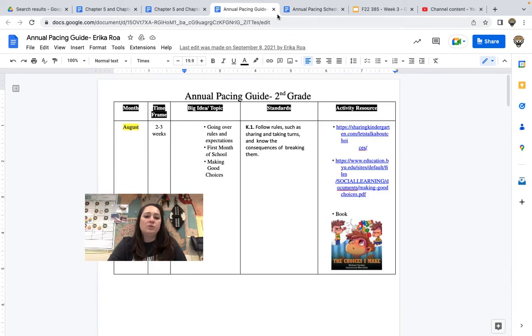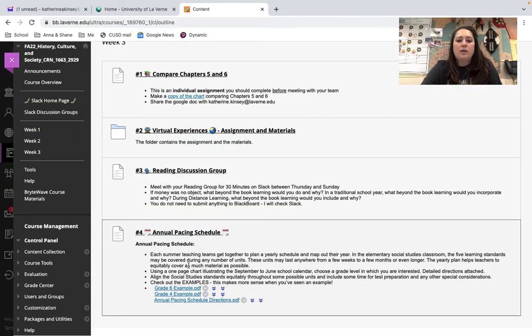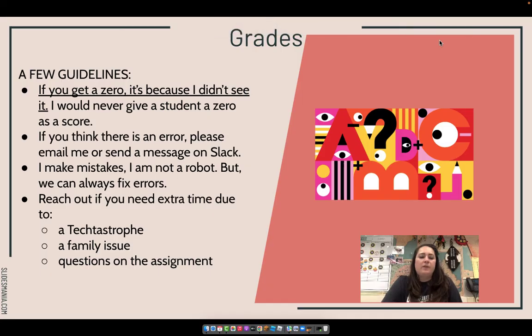You can do it in a Google Doc. I've also had some really great examples in a Google Slides deck where each slide was a month. That was super fun, and a great idea as well. People have also done it inside a Google Sheet or an Excel file. All of those work for me. It does not have to be a Google Doc, so pick the platform that makes sense to you. Here are the directions on Blackboard, here are two examples, and here is the long direction document.